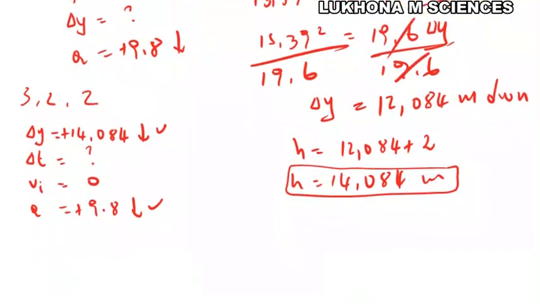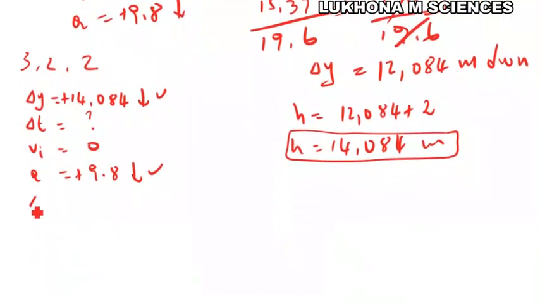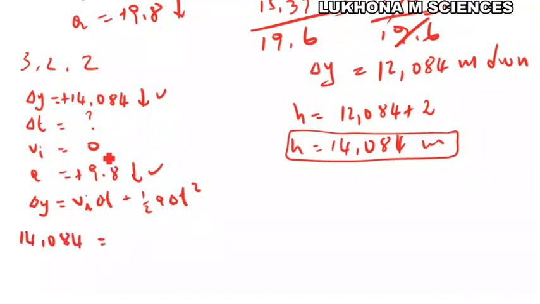Now the formula that we can use, delta y is equal to initial velocity times delta t plus 1 over 2 a delta t squared. So delta y is 14,084, which is equal to the initial velocity 0 times the time we're looking for, plus 1 over 2 times 9,8 delta t squared.